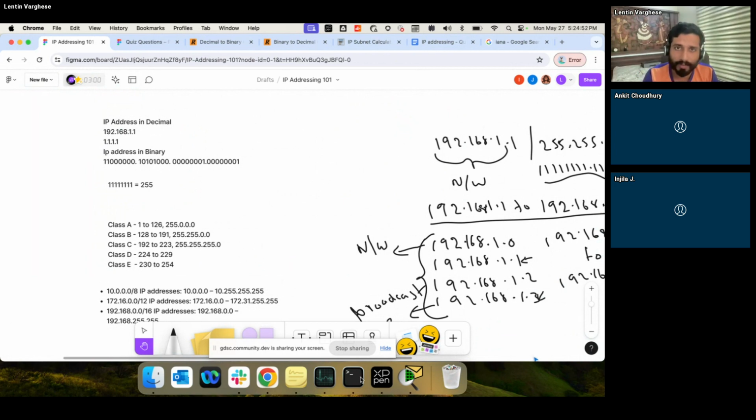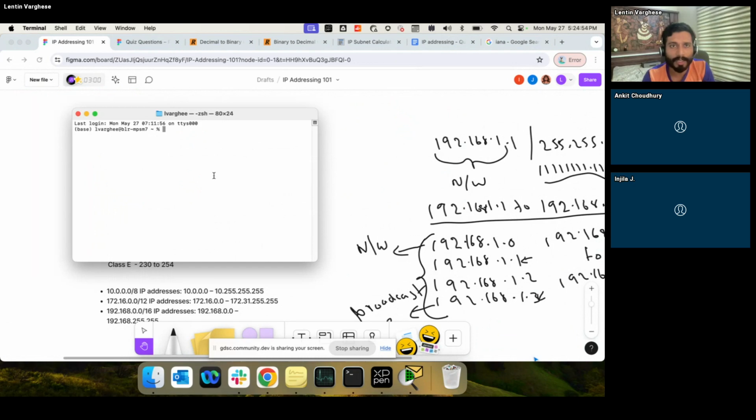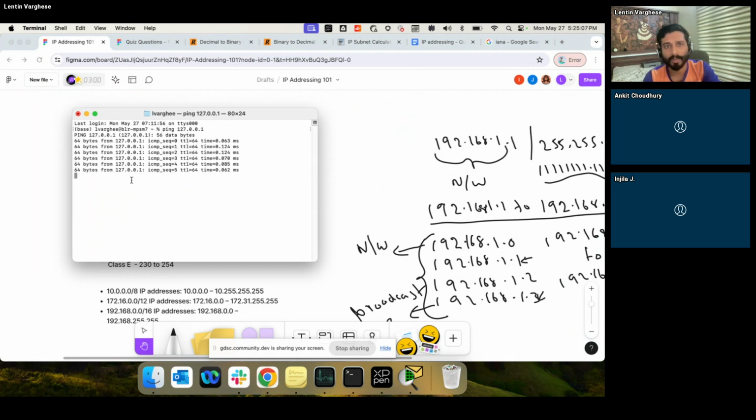Let me quickly show you. Can you guys see my terminal? Yes. Cool. So this is a loopback IP address. If I ping that IP address and get a reply, that means the TCP/IP stack is working fine in my computer. Quick question. Do you guys know what ping is? Okay.